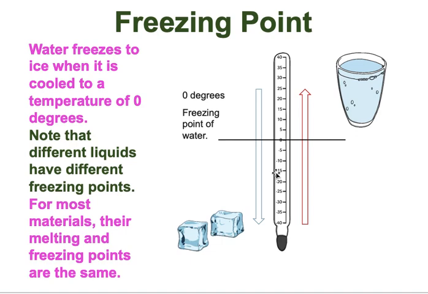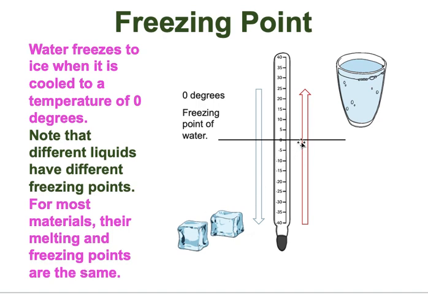Again I repeat, water freezes to ice when it is cooled to a temperature of 0 degrees. Note that different liquids have different freezing points. For most materials, their melting and the freezing points are the same as for water.